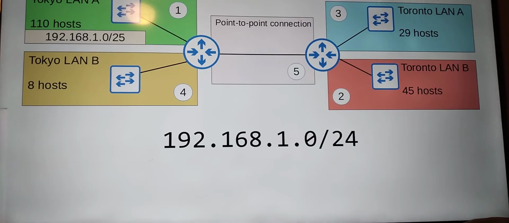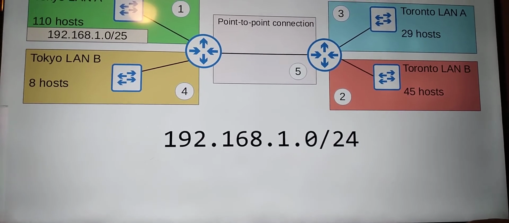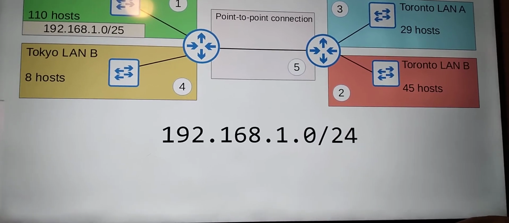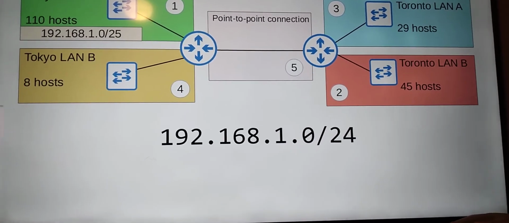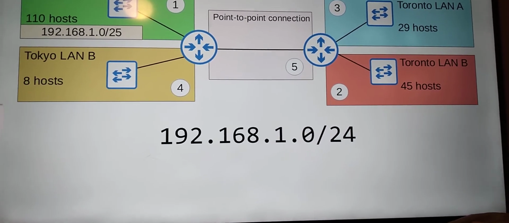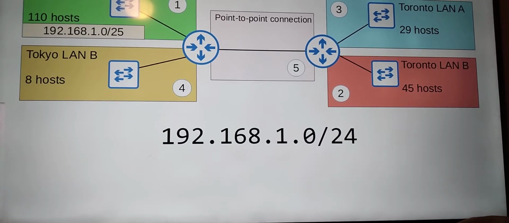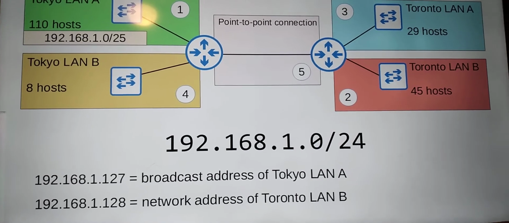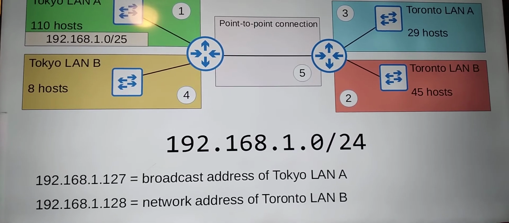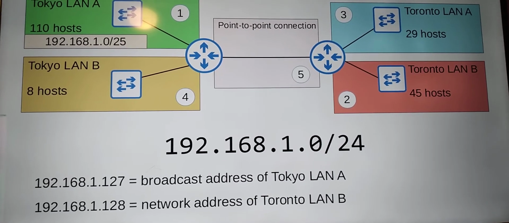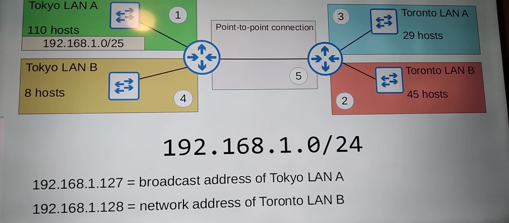Next, we will do Toronto, Canada LAN B. 192.168.1.127 is the broadcast address of the previous subnet, and so the network address of Toronto, Canada LAN B is 192.168.1.128.